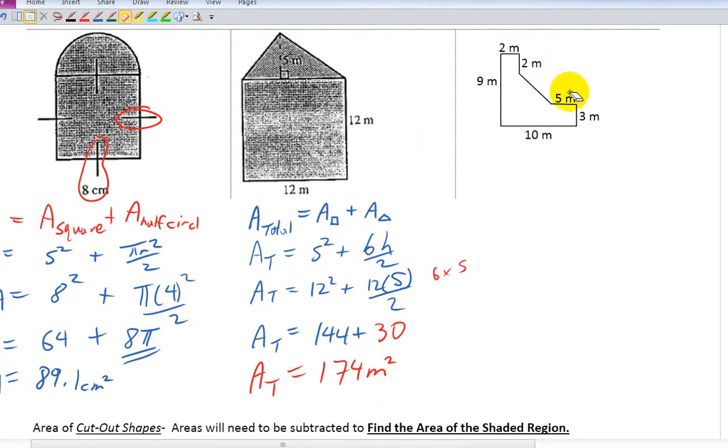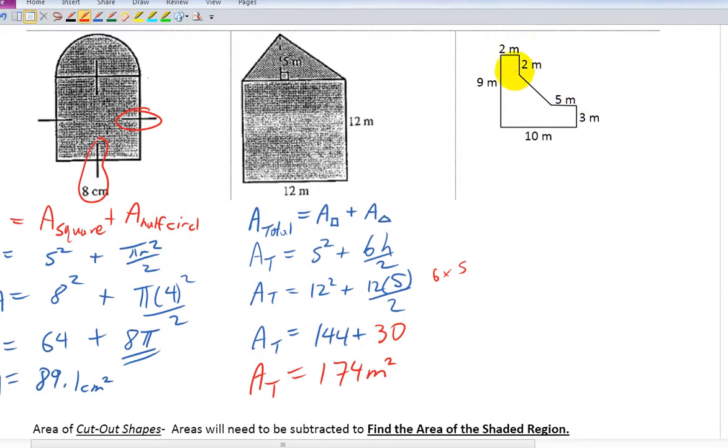Who else? There's more than one way to do this. Come on, folks, let's go. Who sees something different? What about extending this line and this one? So now you have a triangle, and a triangle. Would that work? Yeah, that would totally work. Only problem with this one though is you'd have to be careful because if you extend it perfectly, it might go from here over, or from here over.